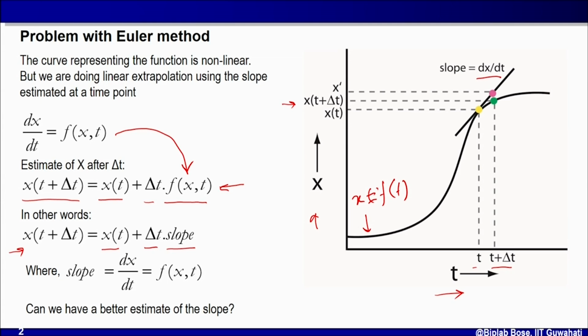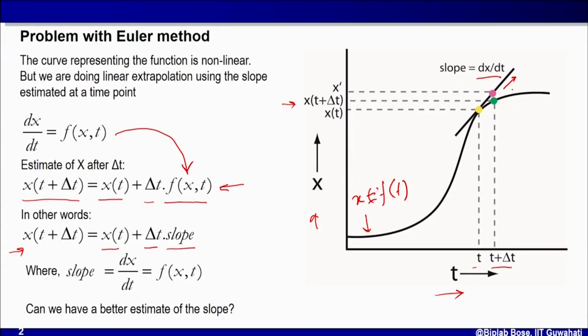So we get the value of x at the next time point, t plus delta t, by doing linear extrapolation along this tangent, as shown by the pink dot.